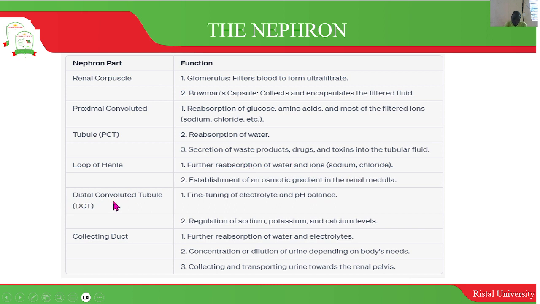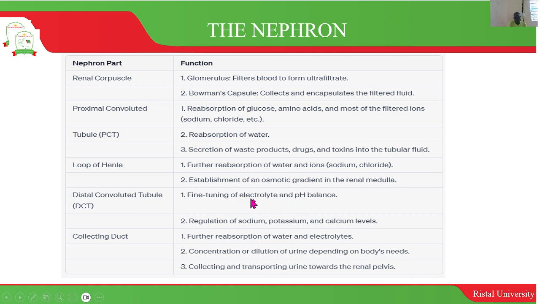We have the DCT, the distal convoluted tubule. This is for fine-tuning of electrolyte and pH balance. That means in the proximal convoluted tubule, we have seen some electrolytes being reabsorbed, but in the distal, this is like a final adjustment.